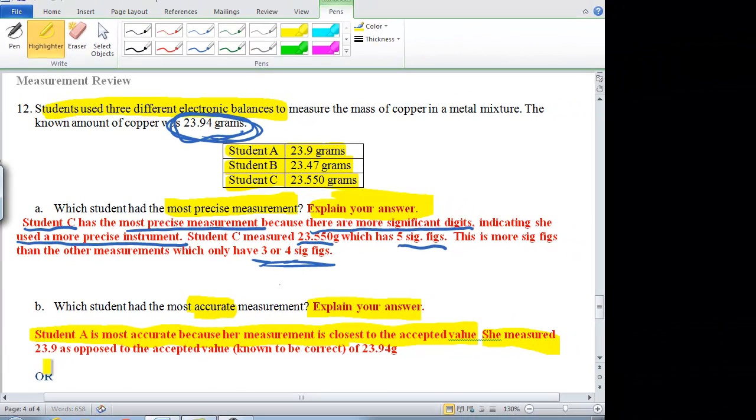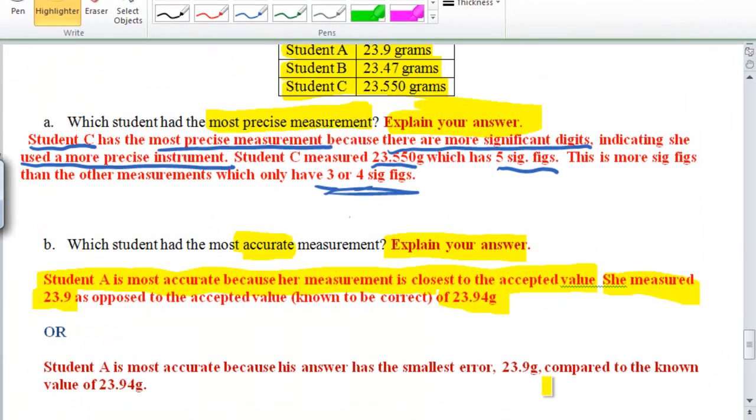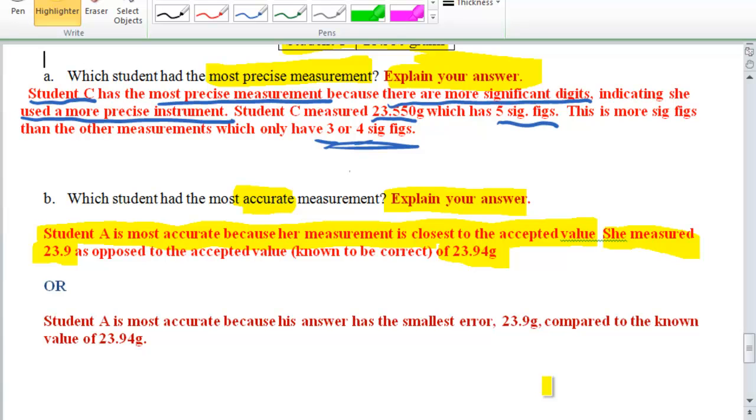She measured 23.9 grams as opposed to the accepted value that we know is correct of 23.94. So we can see that student A made the most accurate measurement, even though it was not the most precise.